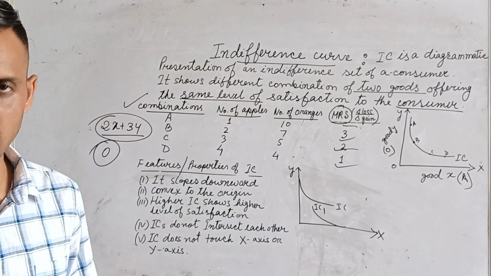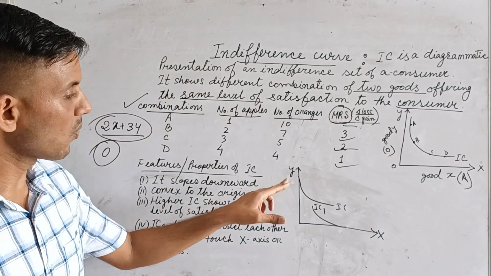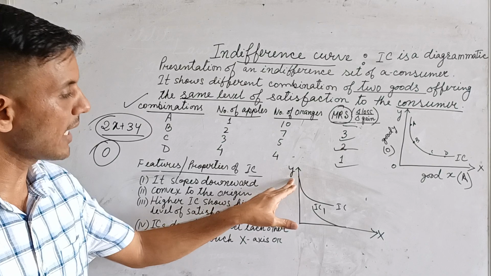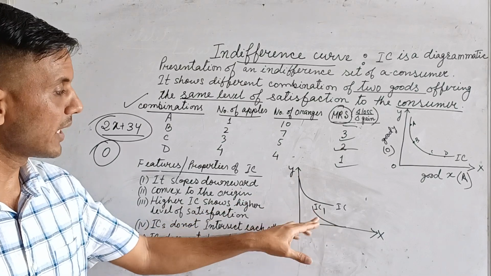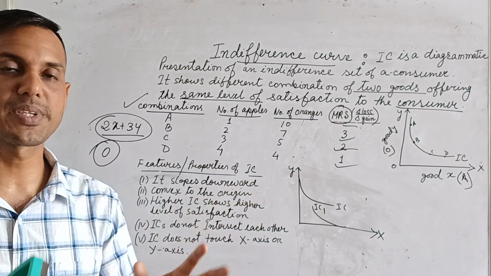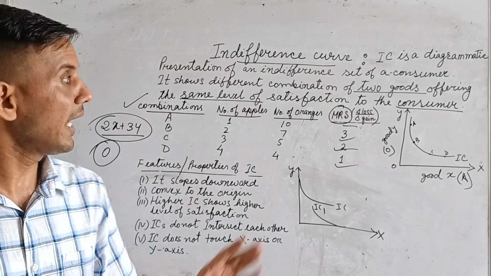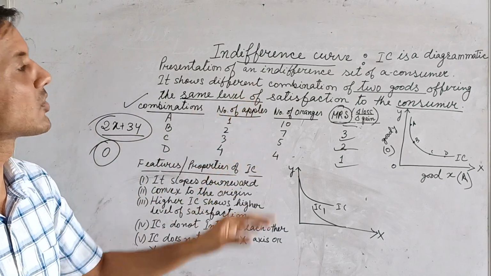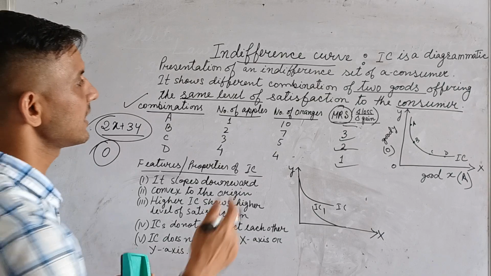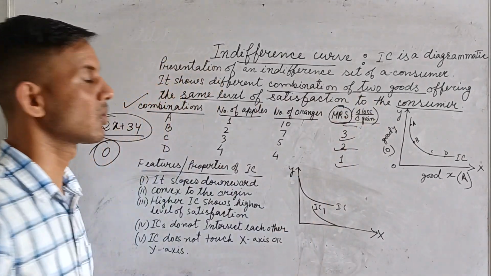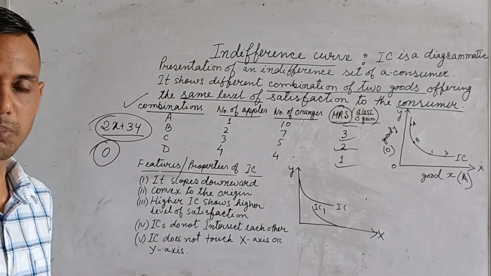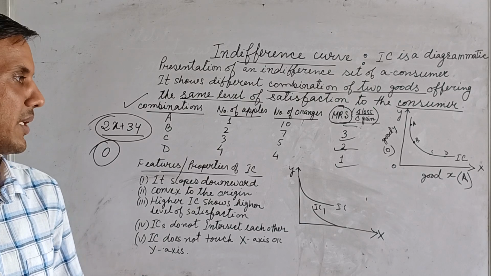So 0 is not a combination. That's why IC cannot touch Y or X, because when it touches X or Y, it represents 0 quantity. And according to the definition, it is a combination of two goods. So when one is 0 and another product is there, this is not a combination.